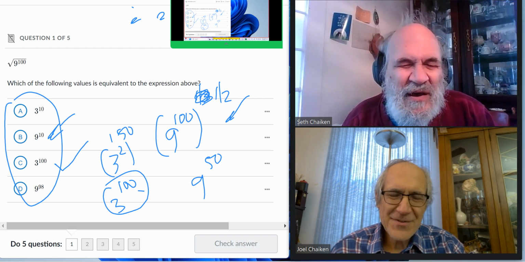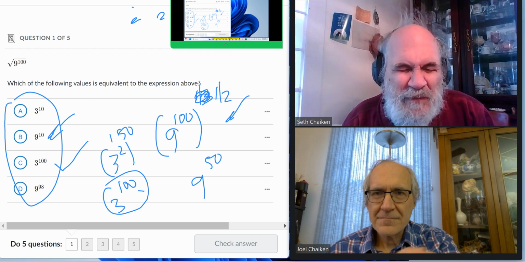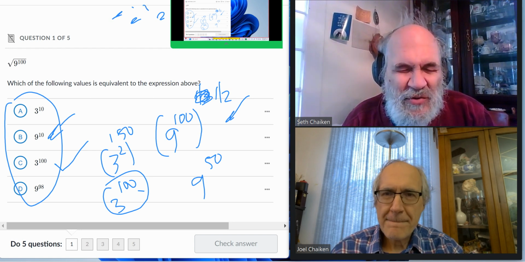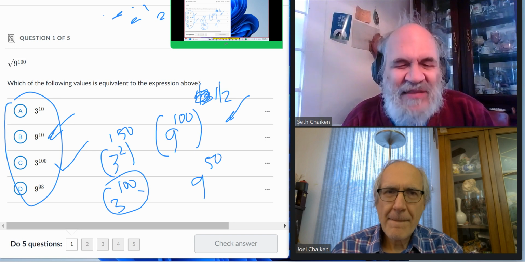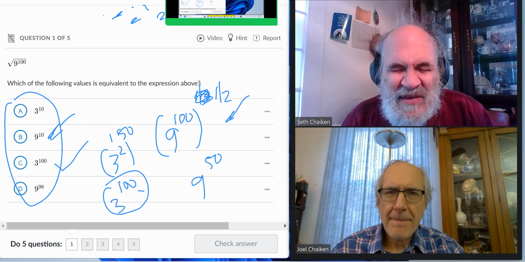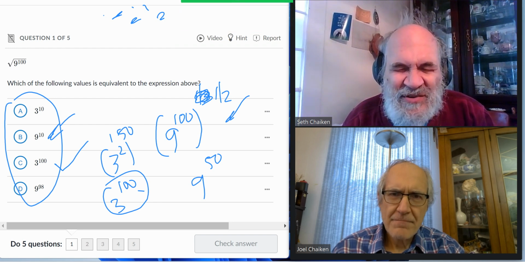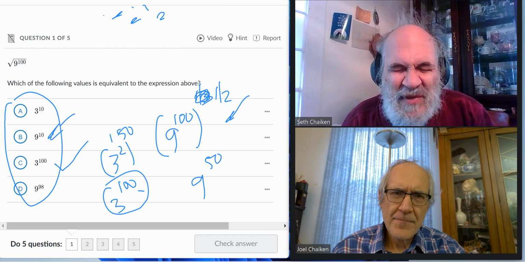You simply employed laws of exponentiation and simplified the given expression, and it leads you right to the one form that's correct.